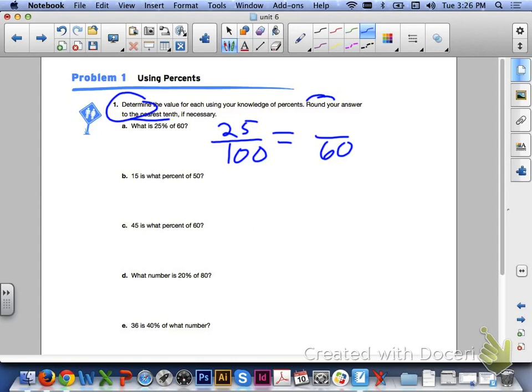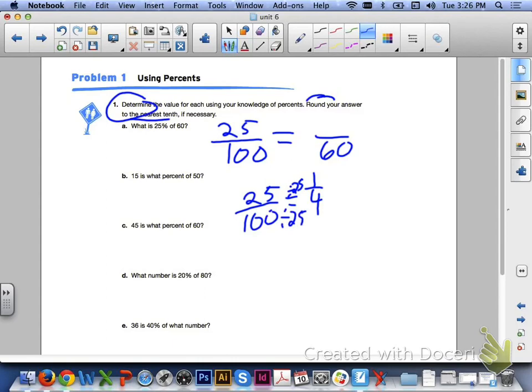So, I have to ask myself, again, how do I go from hundredths to 60ths? That's a little hard to do, but I can simplify 25 hundredths. 25 hundredths equals, if I simplify it by 25, it would equal 1/4. So if I divide by 25 here, divide by 25 here, that would equal 1/4 as an equivalent fraction.